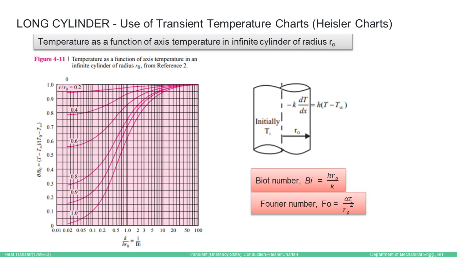For this case also, Biot number is h r0 by k and Fourier number is alpha t divided by r0 square. Fourier number is not used when you are using this chart, but Biot number is of importance because 1 by Biot number is the x coordinate.